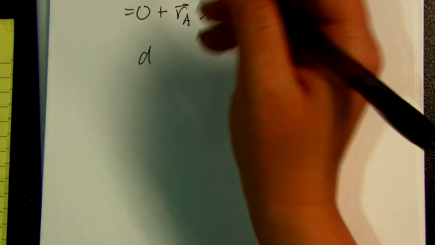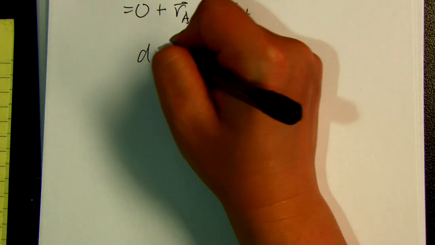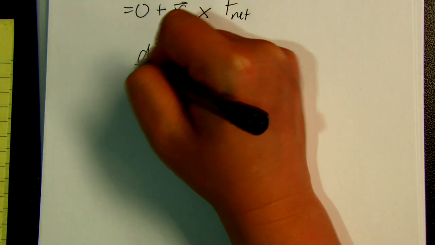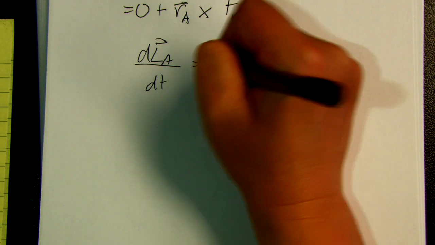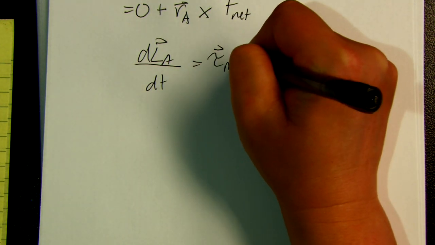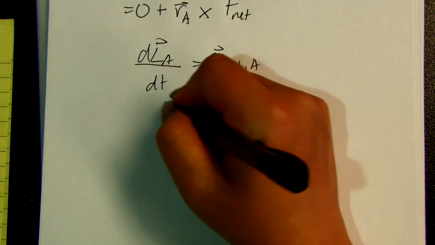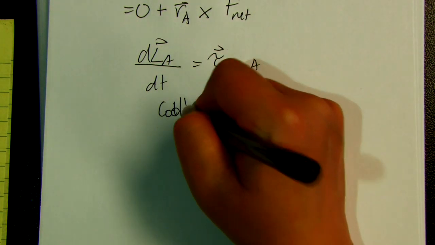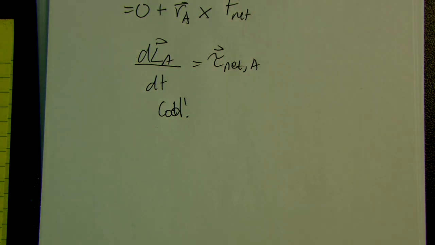And what we have is dL_A/dt is equal to the torque net with respect to A. Cool. So, if you were wondering if you needed proof for that, which you should always need proof for anything I write down in this class, there you have it.